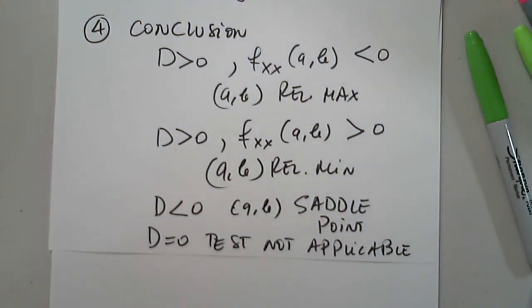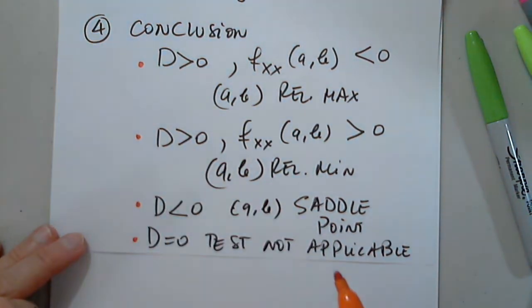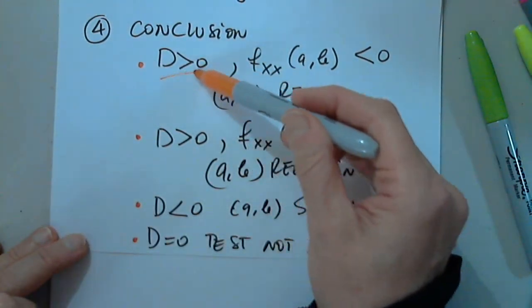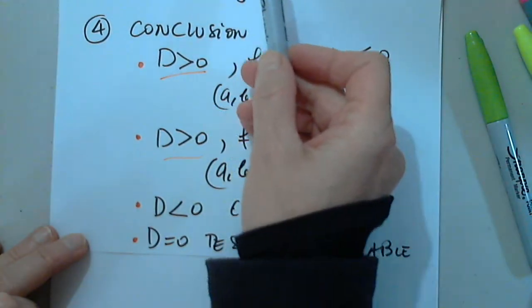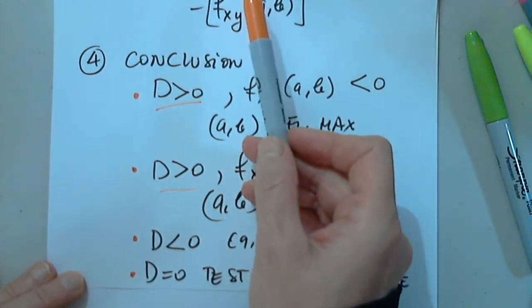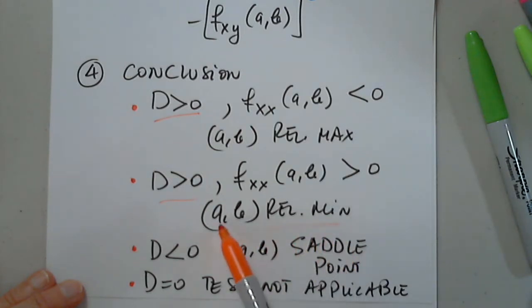So these are the 4 possibilities. If D is a positive number and fxx, this number here, is positive, then at that point, the function of 2 variables has a relative minimum.